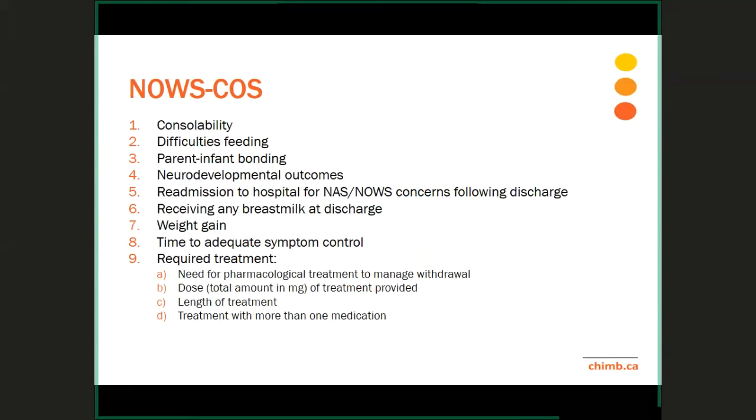So we're at the point now where we're trying to harmonize definitions. What does difficulty feeding look like? What does parent-infant bonding look like? How do you measure parent-infant bonding? These are all questions that we are still discussing now, and we'll go into the development of our explanation document.